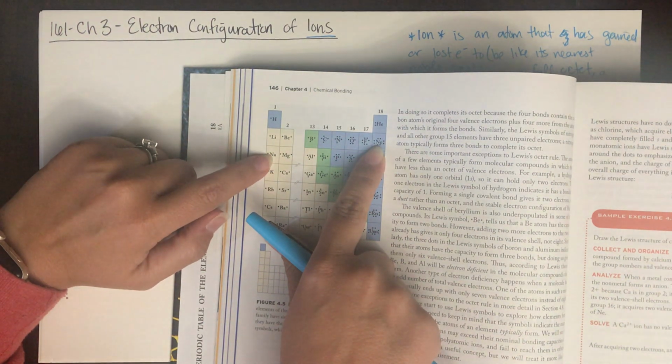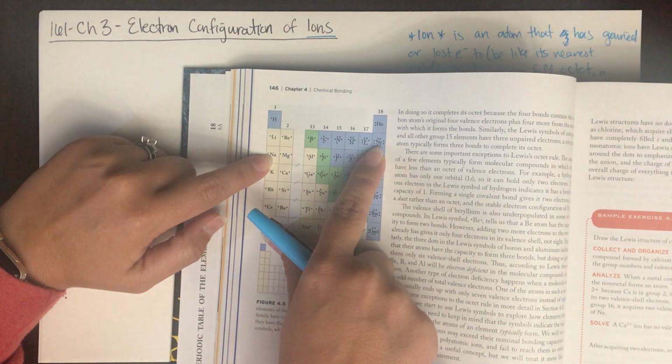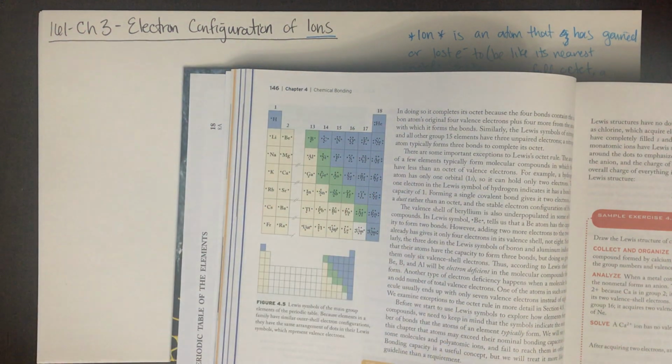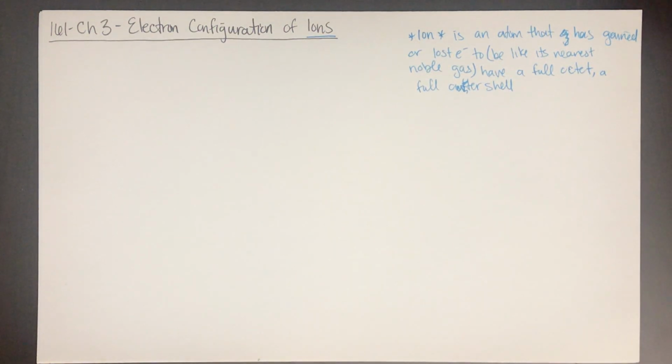So the sodium atom wants to lose 1 electron, which is negatively charged, which means the sodium ion would have a positive charge. So that's the basis behind all of this. I'm going to write all of that out, but just wanted to show you that on the periodic table at the same time.